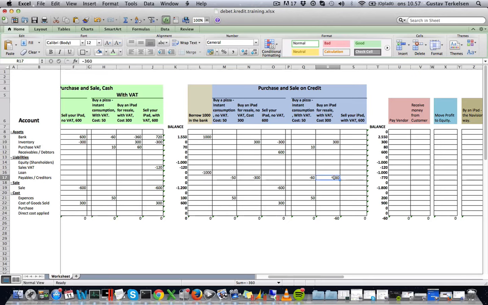So the remaining $60 will have to go to our purchase VAT here. So we'll put that in here.